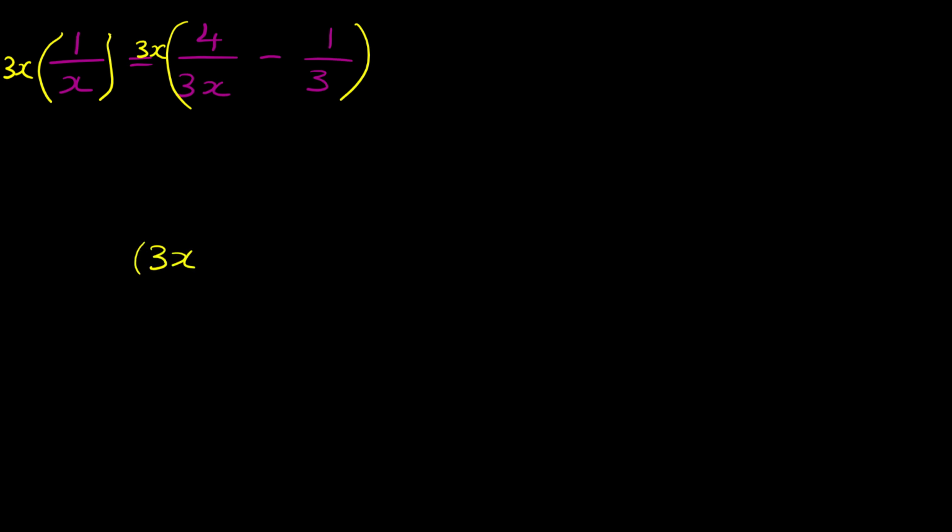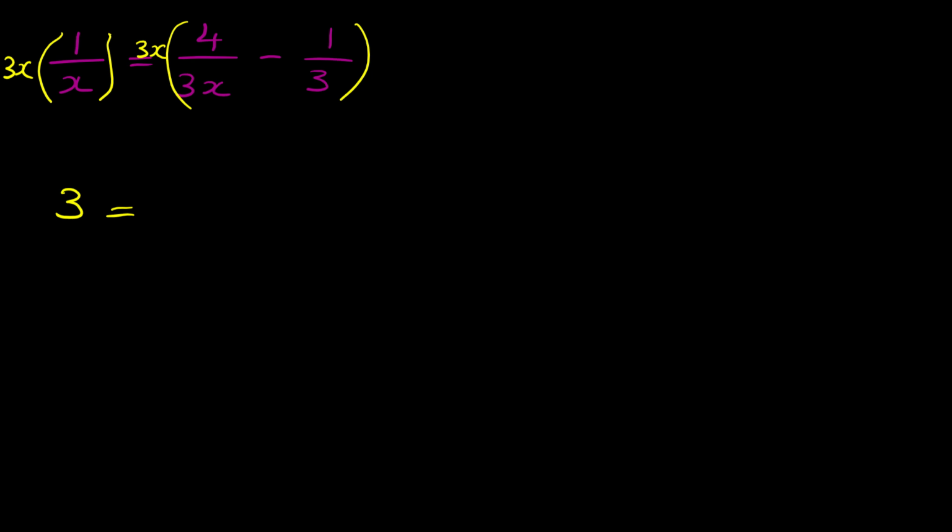3x times 1 over x, remember, we can simplify numerator with denominator. x with x cancels. Then we have 3 times 1. So, in the left we have only 3. What about right? 3x times 4 over 3x. 3x with 3x completely cancels. Numerator with denominator completely cancels.